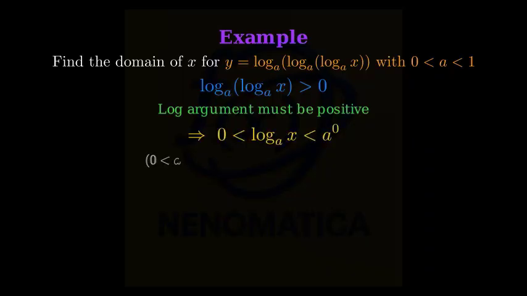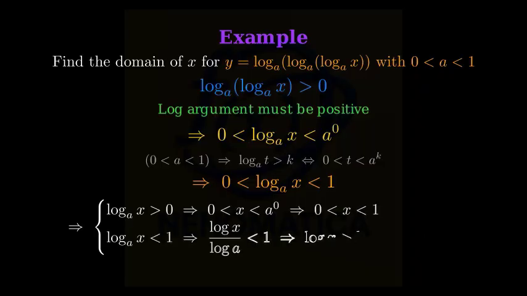Step 2 in the image converts this logarithmic inequality with base between 0 and 1. For bases between 0 and 1, exponential form reverses the inequality, giving 0 is less than log base a of x and log base a of x is less than a to the 0. Step 3 simplifies a to the 0 to 1. Therefore, we obtain 0 is less than log base a of x and log base a of x is less than 1.